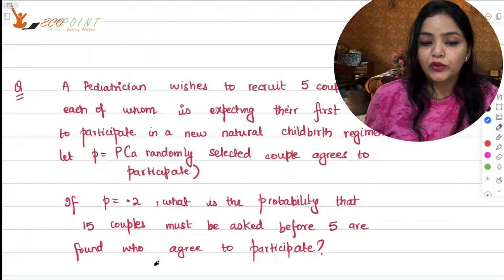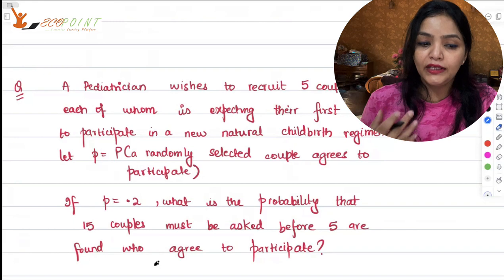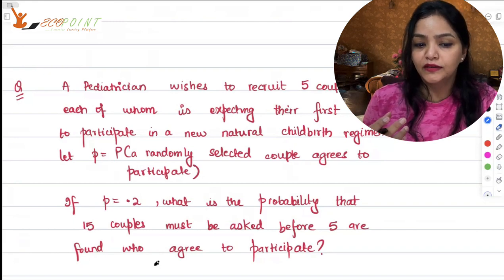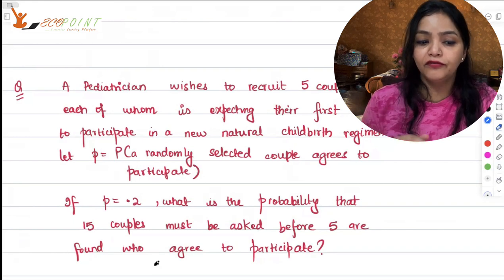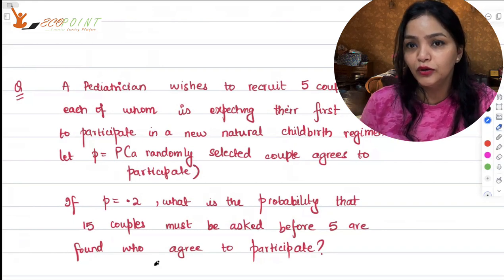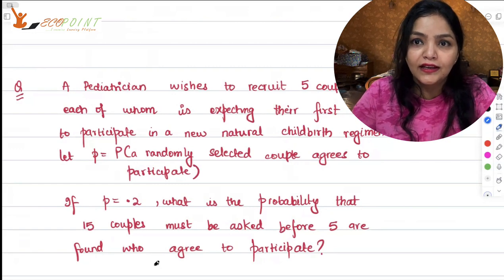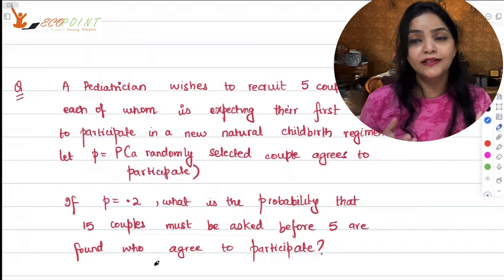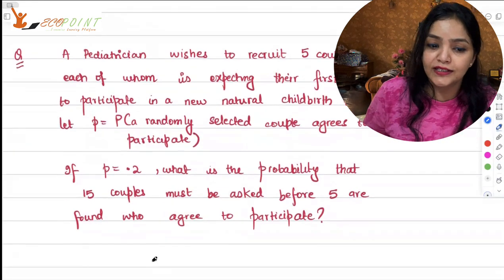So I require 5 successes. We want to find the probability that I have to take 15 trials in order to get 5 successes.